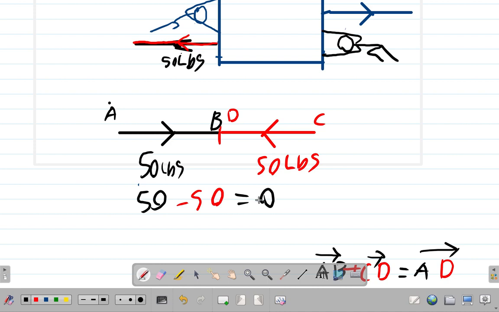Of course, 0. They both cancel out. So the table will remain, it will not move. It will behave as if no force was pushing on it. These equal and opposite forces cancel each other. Do you see that?